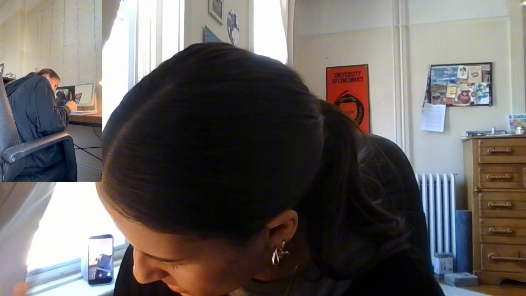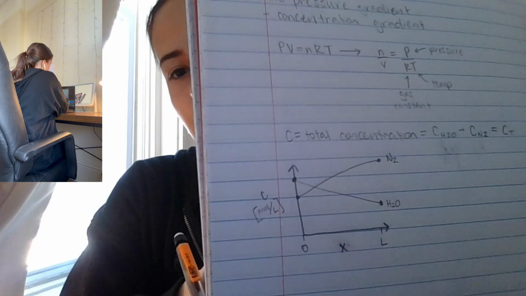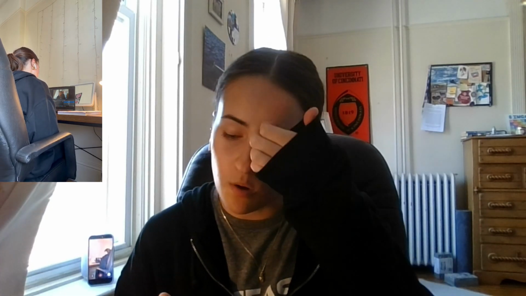As we get farther down towards position 0, which is where that interface is, it's going to be much lower. So this is kind of what that relationship looks like. As we can see, these have inverse relationships. So the closer we are to having a higher concentration of water, the smaller our concentration of nitrogen is probably going to be.